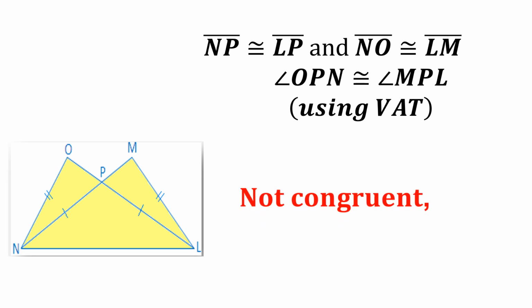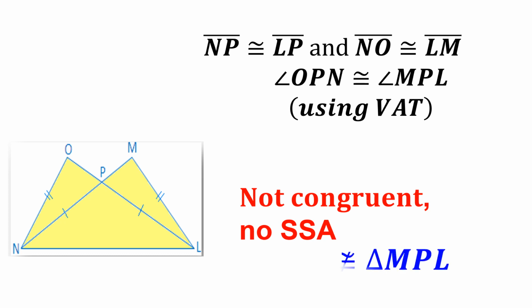No, it is not congruent. Why? Because there is no such thing as side-side-angle, or ASS. Thus, your statement would be triangle OPN is not congruent with triangle MPL.